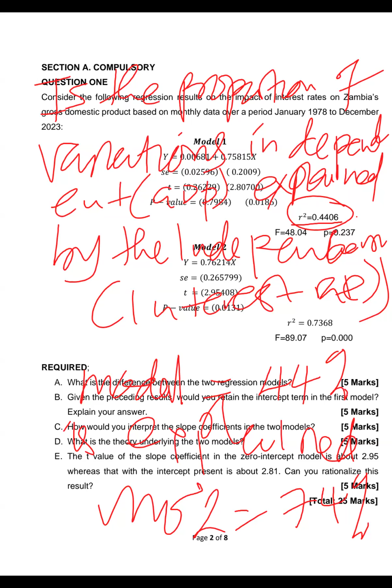Because of that, the higher the R squared, the better the model is. At least if it can explain above 80% or whatever, or 70% at least. But this one explains only 44%, less than half, which means you can't go for it. You got it?